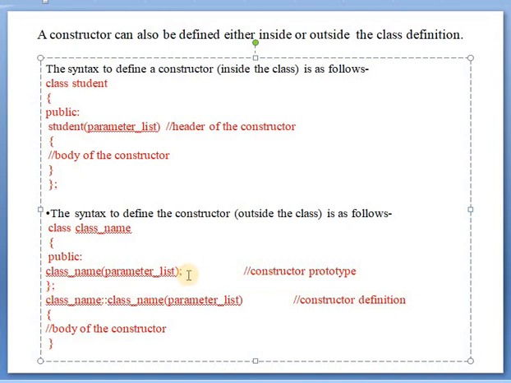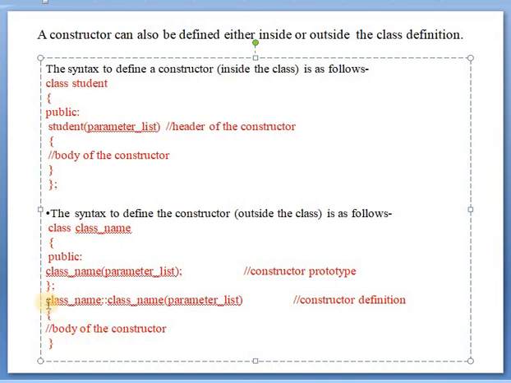Here is just a constructor prototype, like a function prototype. It is just a declaration of the constructor. And now just like a member function, first we have to write the class name, after that constructor name and parameter list, and in brackets we can write the body of the constructor.